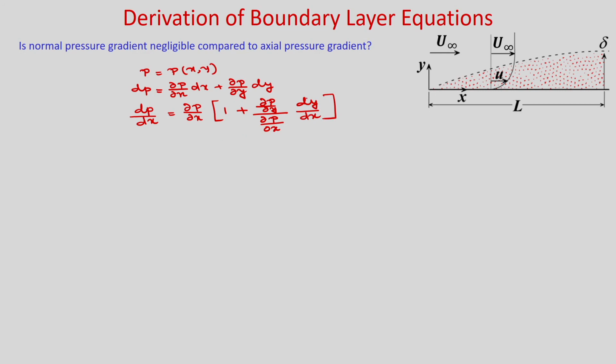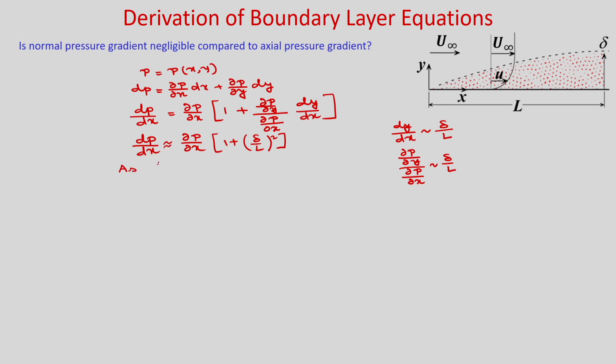So, now you can see what is the order of dy by dx. dy by dx is of order delta by L, since y is delta and x is L. And the ratio of del p by del y to del p by del x, that also we have derived in the last slide as delta by L. So, you can write dp by dx as del p by del x times 1 plus order of delta by L whole squared.